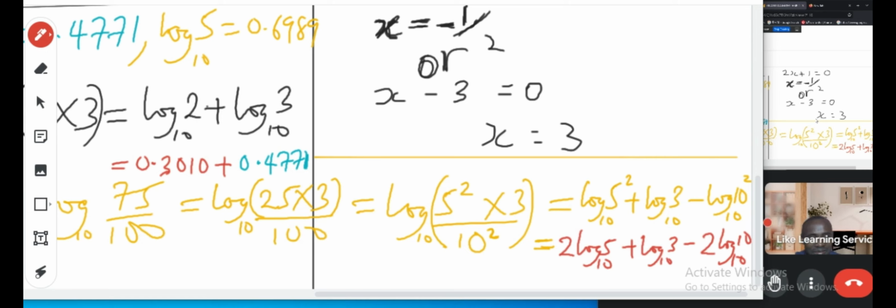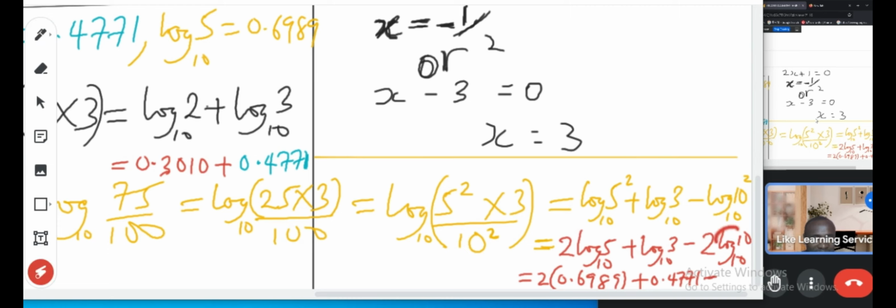That's all. And you know what log 5 in base 10 is? We are given log 5 in base 10 to be 0.6989. So that you just have 2 times 0.6989 plus log 3, which is 0.4771, minus log 10 in base 10, which is 1.